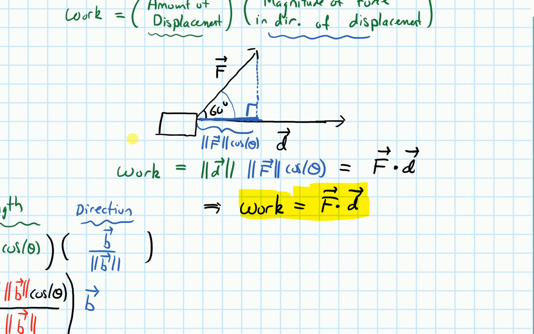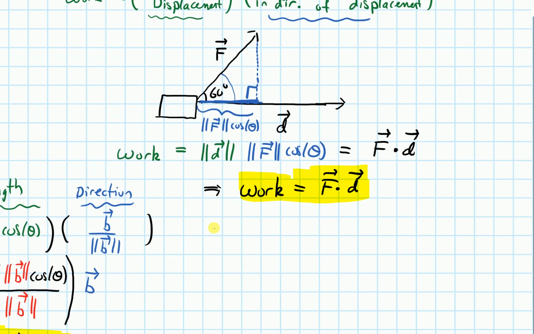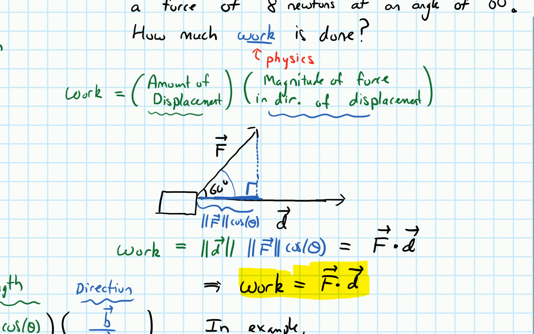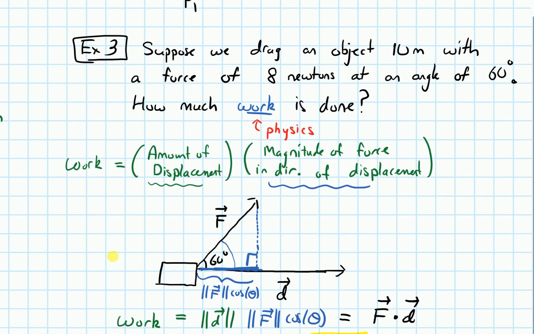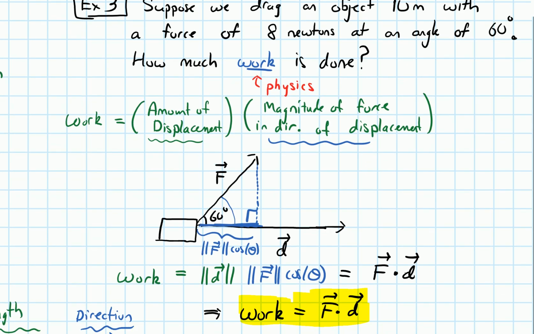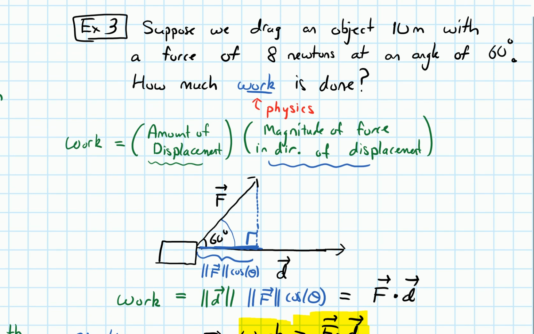So in our example, we don't know the components of either the vector f or the vector d, because we don't have axes defined.